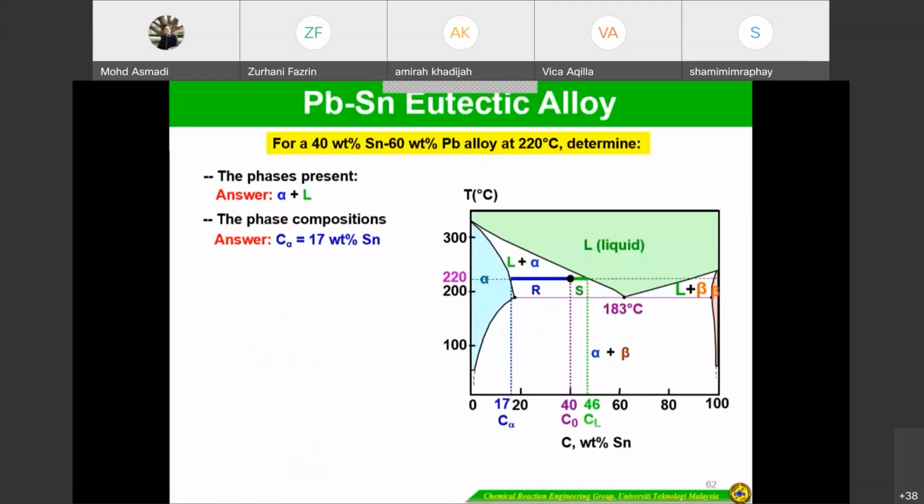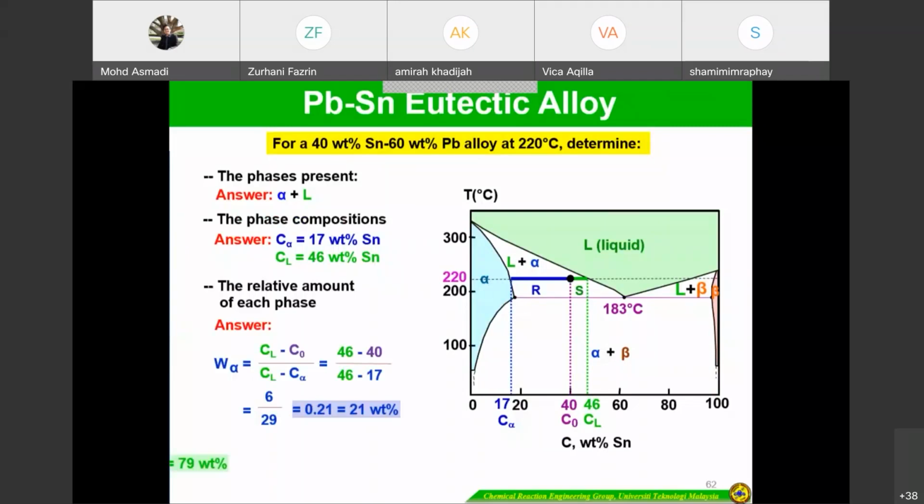The fraction of each phase is called the relative amount. So 46 minus 40 divided by 46 minus 17 for alpha, and 100% minus 21 gives 79%.